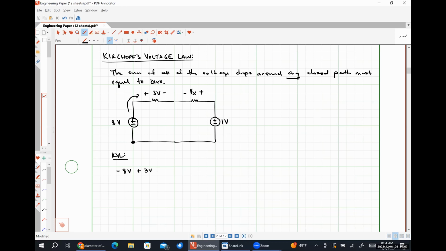Then I see the negative polarity terminal of the voltage Vx, then the positive polarity terminal of the 1-volt source, and then I just have that wire at the bottom, which is ground, where there's 0-volt drop across the wire. So I'm just going to set this equal to 0. I've taken into account all of the different elements in the circuit. If I rearrange this, I'll find that Vx is equal to negative 8 plus 3 plus 1.